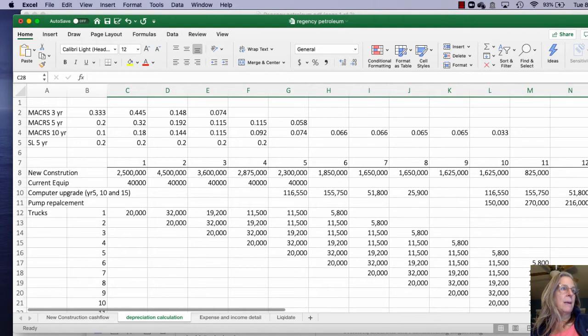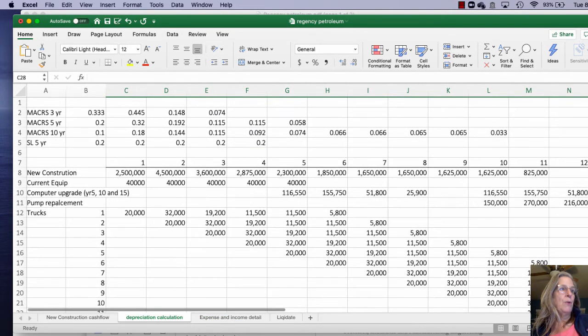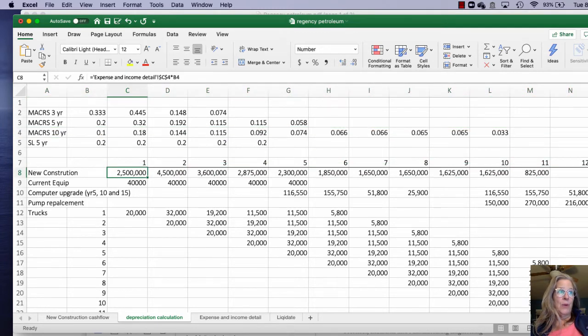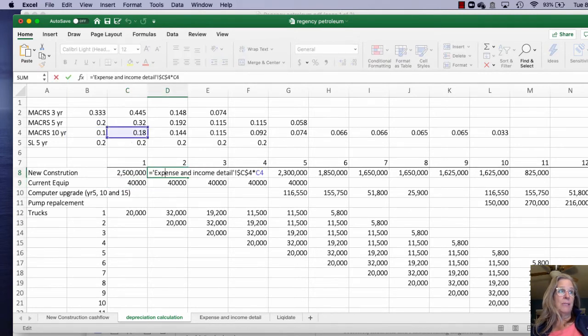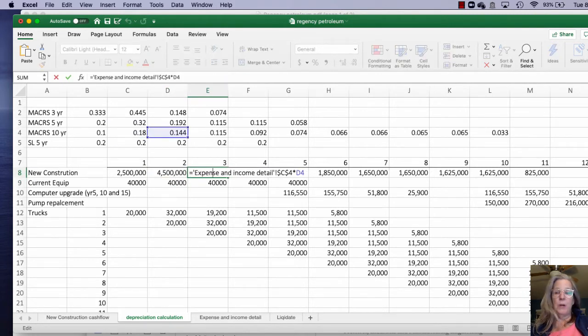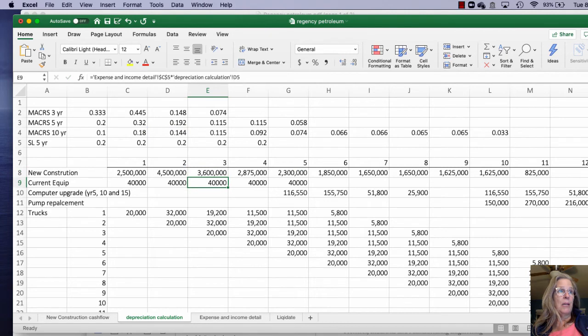So what that means is I'm going to take this MACRS 10-year depreciation number and multiply that by the 25 million. So I take the 25 million times that number, which is the first year depreciation, and then I take the 25 million times that number, which is the second year of depreciation, then times that number. So that's spreading all of those costs across the 10 years after you make the expense. And that's what depreciation is.